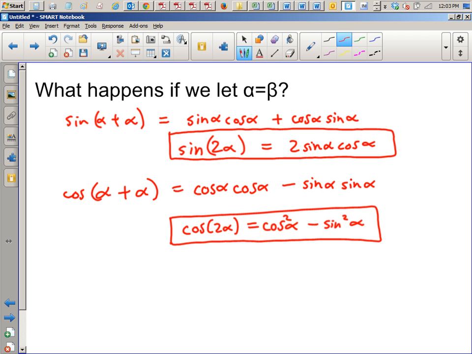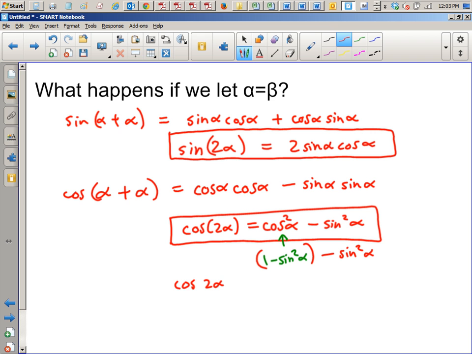Okay, now, you also notice that this formula, the one I just wrote, actually has a cosine squared in it, right? So I could actually replace this cosine squared with a 1 minus sine squared. I could do that. What would it look like then? Let's see. Okay, let's try it. This is just for fun. I'm going to change this to 1 minus sine squared alpha. If I do that, it's going to look more like this.